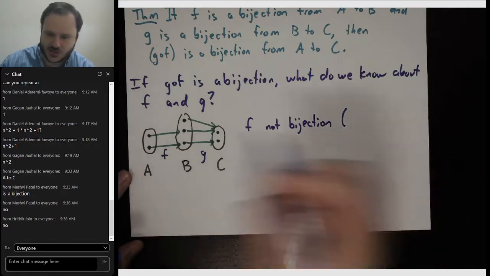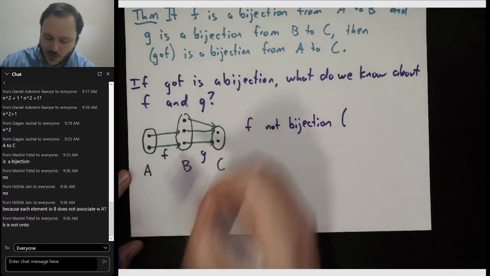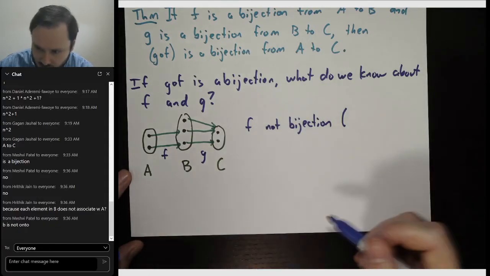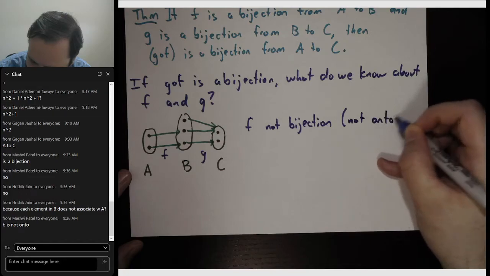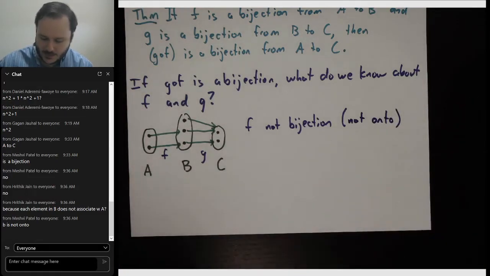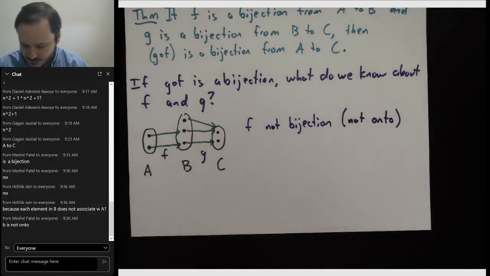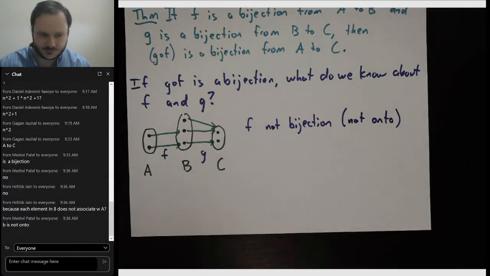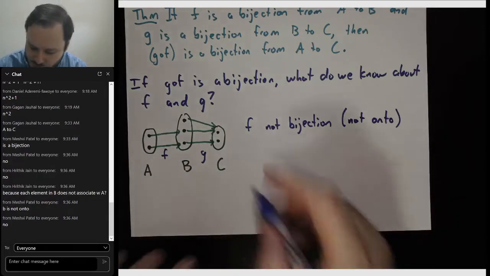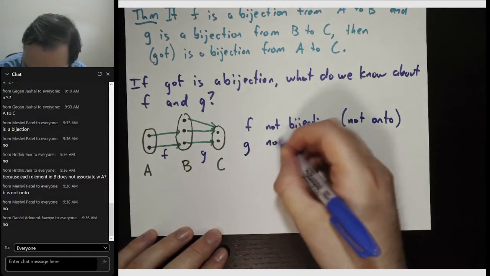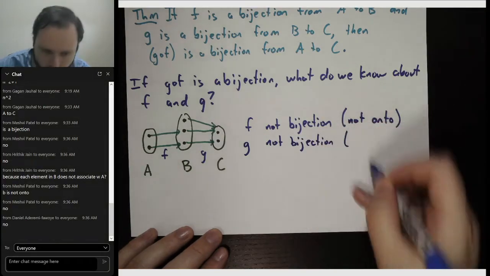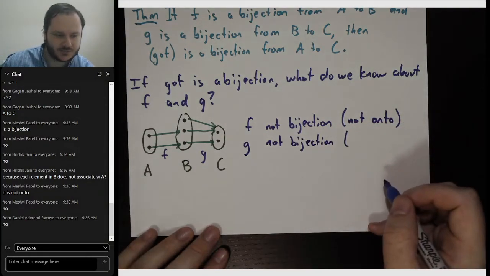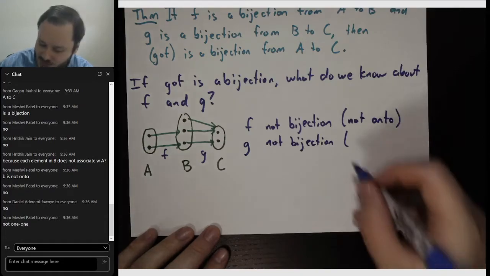If it's not a bijection, that means it's either not one-to-one or it's not onto. Good, it's not onto. Is G a bijection? G is also not a bijection. Why is G not a bijection? It's not one-to-one.